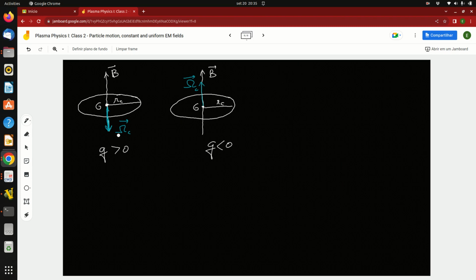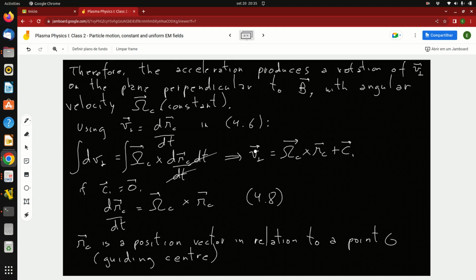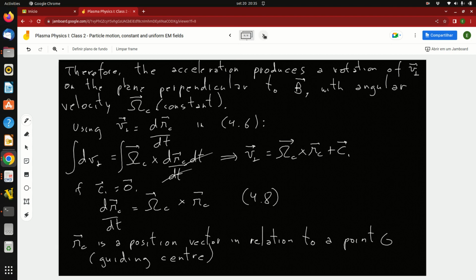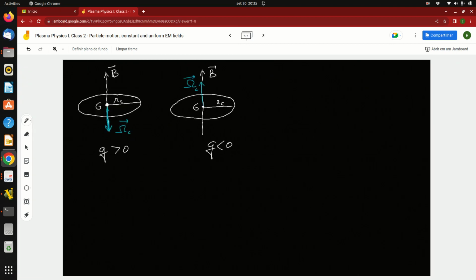And what is the perpendicular velocity in this case? Is it clockwise or counterclockwise? Well, the perpendicular velocity is omega cross r, the cross product between omega and r.